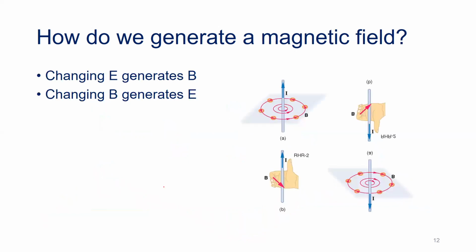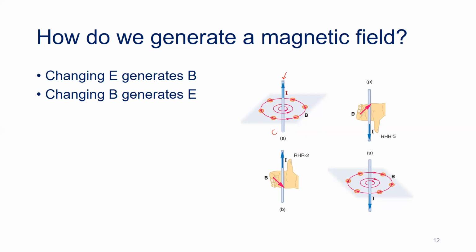So let us have an example of this. I have this wire indicated by the gray rod, or let's say it's an antenna, and I have a current flowing through this wire indicated by this arrow, and I have denoted it with the symbol I. The arrow is pointing in the upward direction.